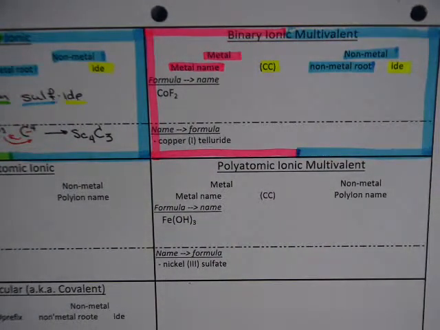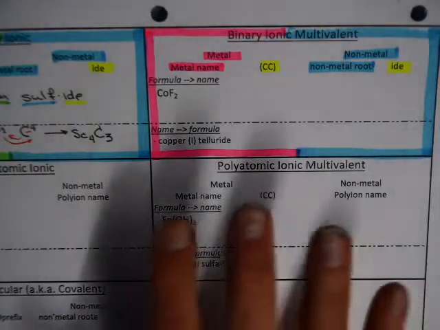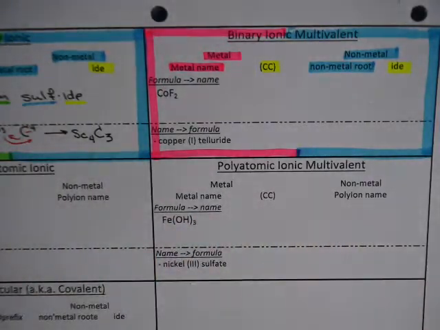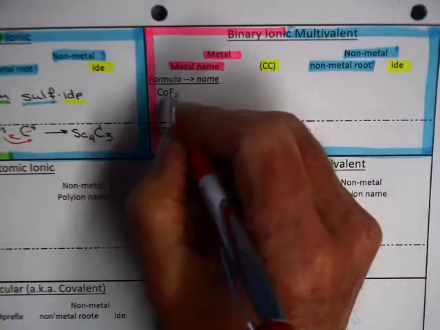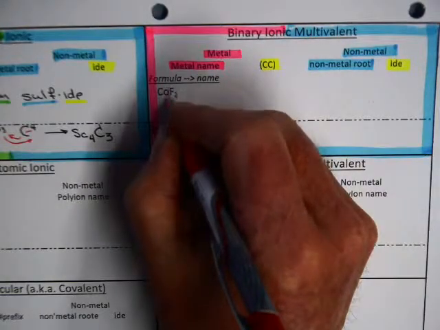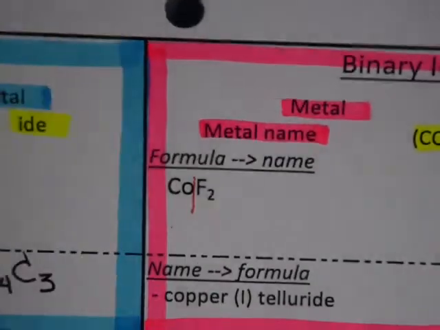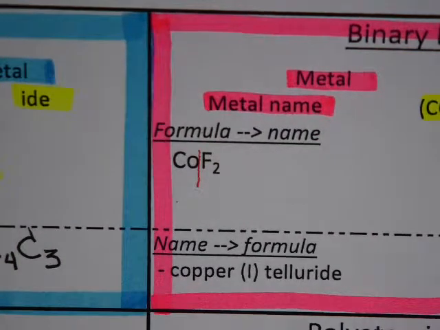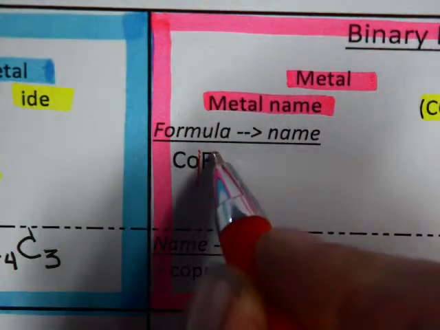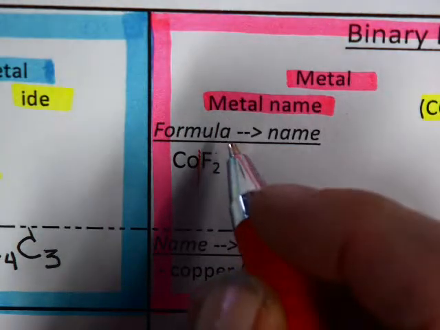I look at my periodic table. I find cobalt. Cobalt is living in the pink zone. So now I know what I've got to do. I look at cobalt. I know that F is always -1.